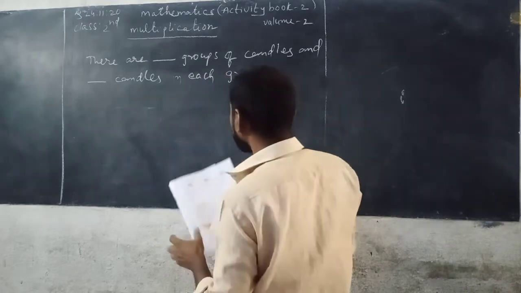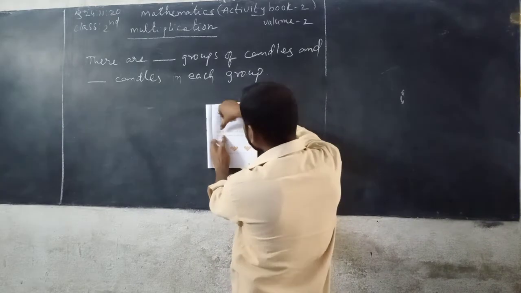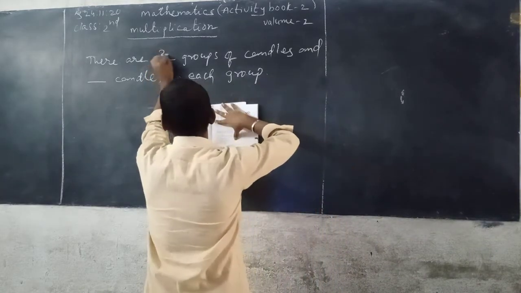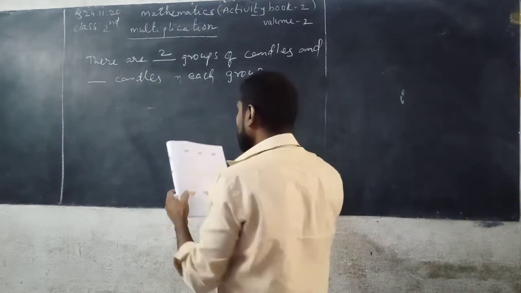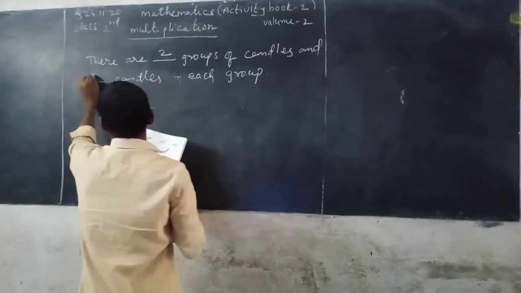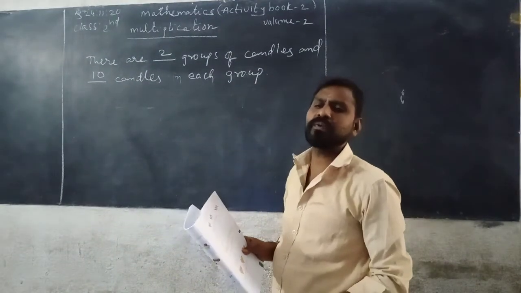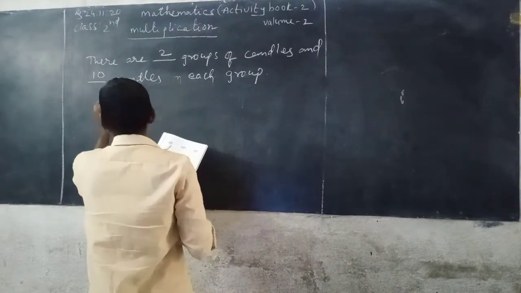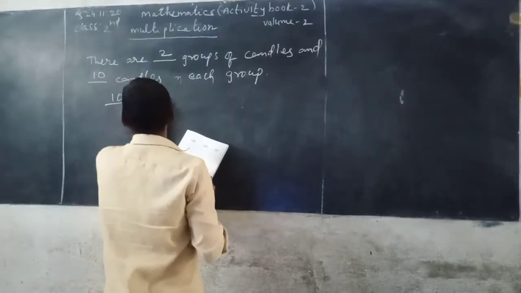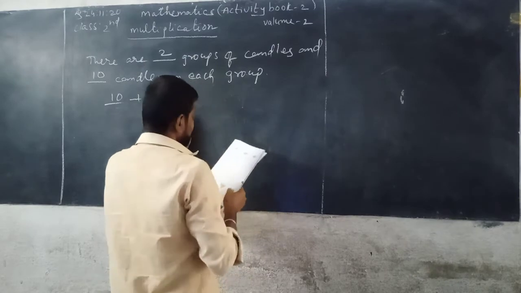How many groups are there? 2 groups. How many candles in each group? 10 candles. So here 10 is repeated how many times? 2 times. So 10 plus 10, you can get 20.